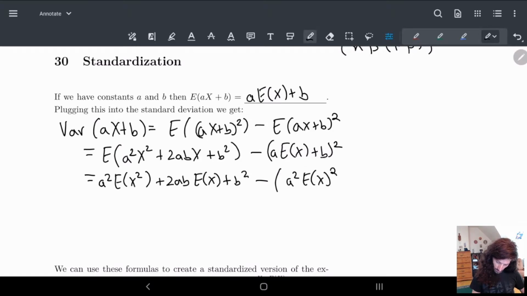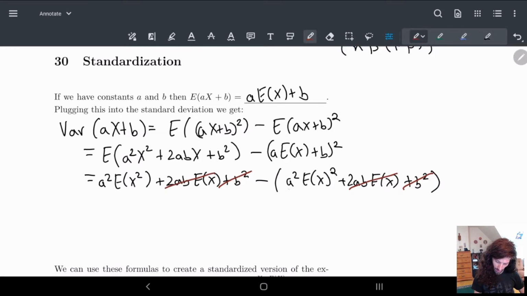Then we get plus 2abE of x plus b squared, right? This part should be okay. And then here we'll have some cancellation, right? This b squared and this b squared will cancel. This 2abE of x and this 2abE of x will cancel.